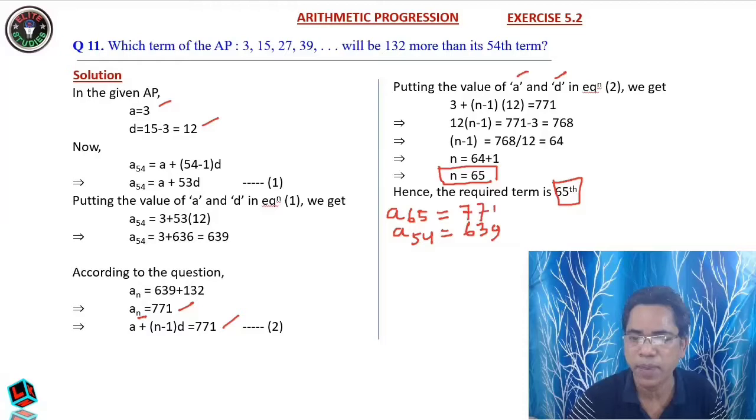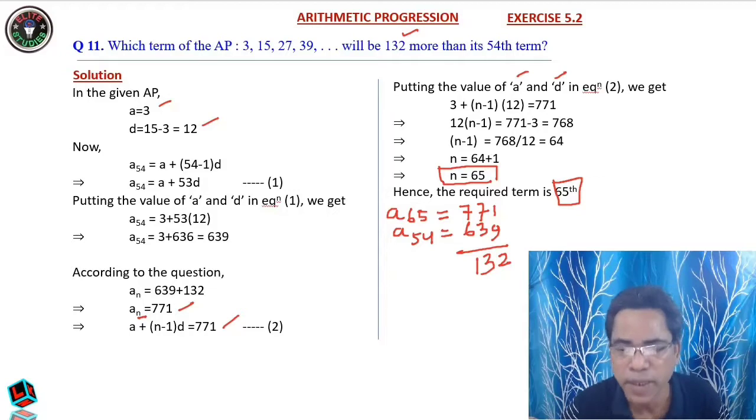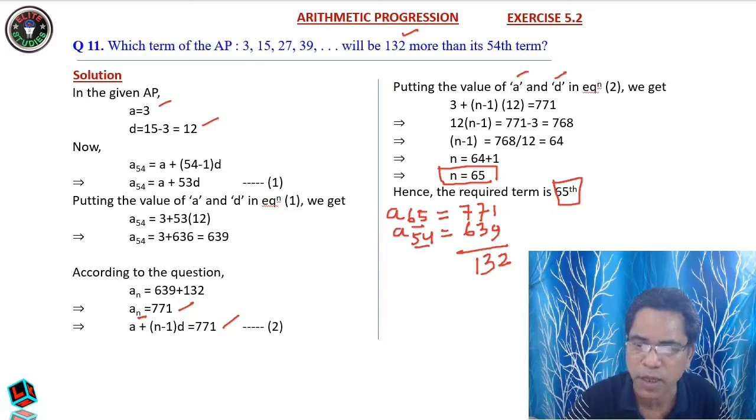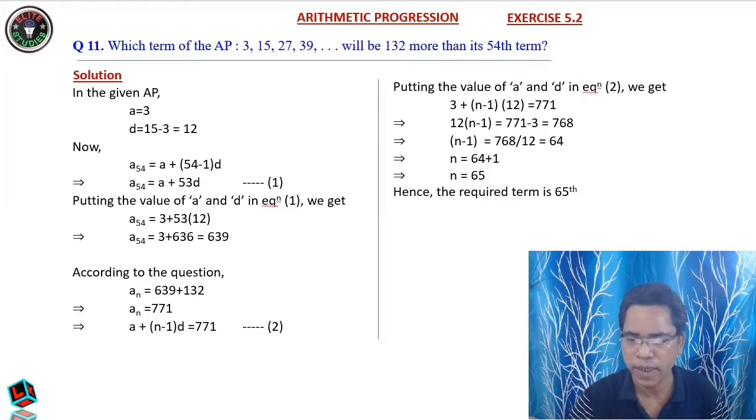If you subtract, 771 minus 639, it is 132. So you see, it is 132 more. Clear? This means the value of the 65th term is 132 more than the value of the 54th term. Okay, students, I think it is clear. Now you can take a screenshot.